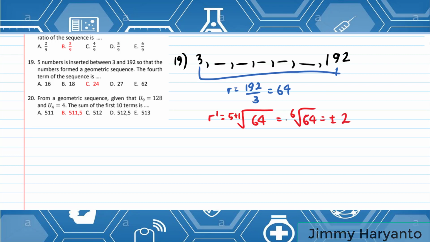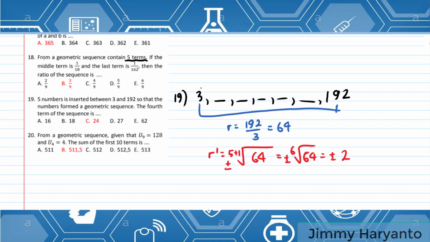Do not forget, the root is an even number, so you have to put plus minus in front of it. And then next I have to find the fourth term. Because the fourth term is so small a number, I can list the terms one by one.